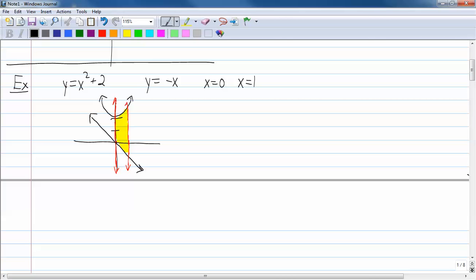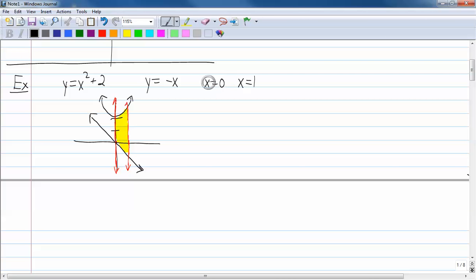I mean, if you didn't know that the x squared plus 2 graph was above the line y equals negative x, then you wouldn't know how to set up the problem. Because I told you earlier that if you want to find the area between two curves, you say the top curve minus the bottom curve.